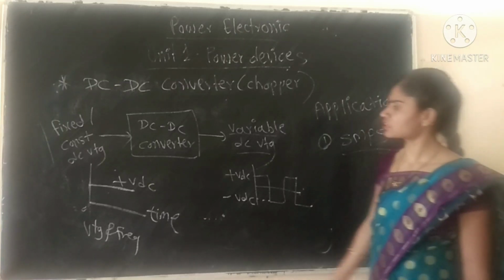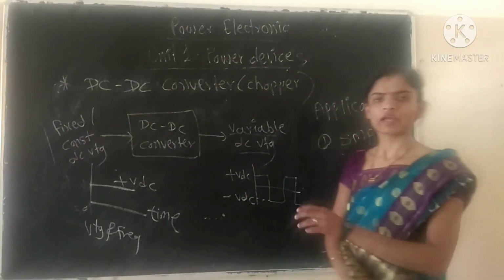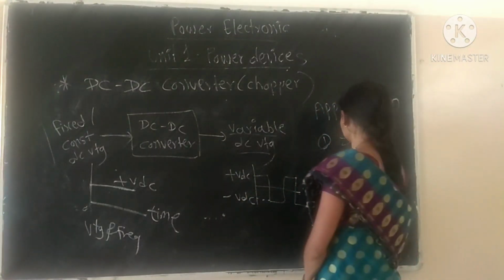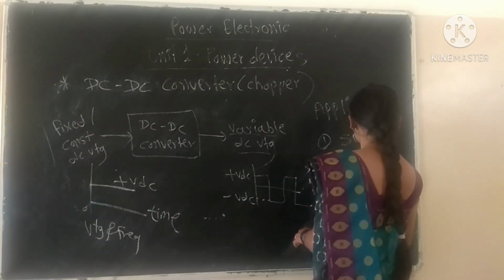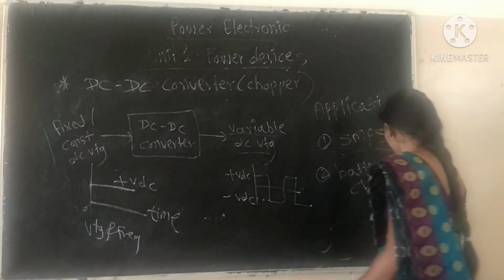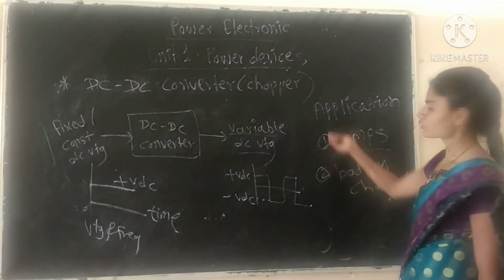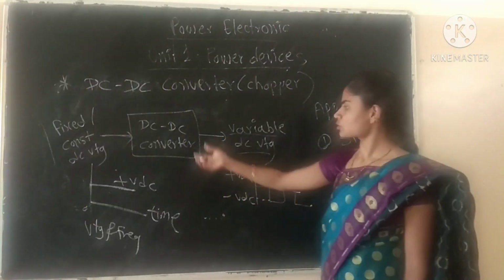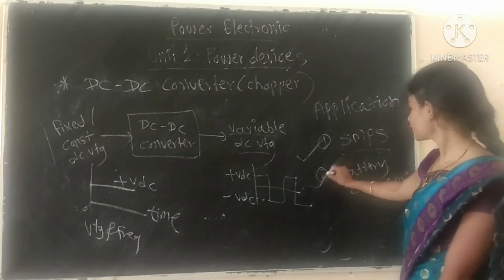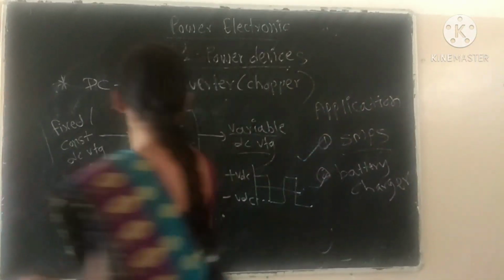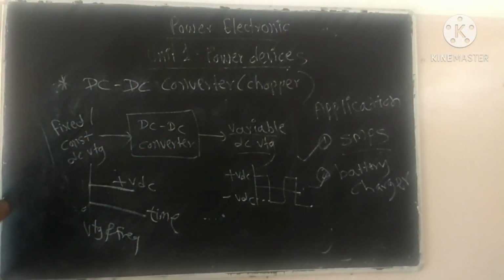Another application is the battery charger. The applications of the chopper are switch mode power supply, battery charger, or battery operated vehicle. Then we see the waveform for this chopper.